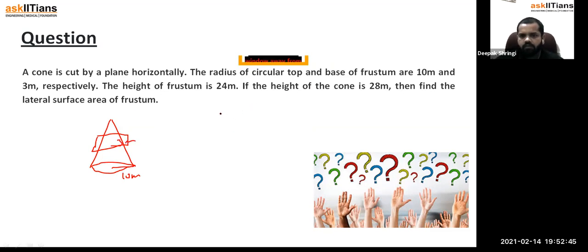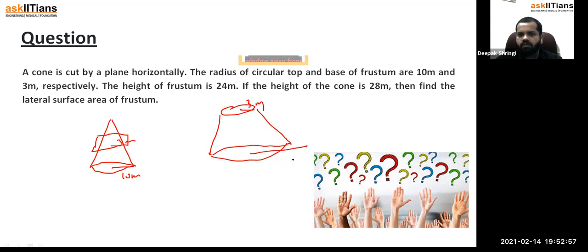Let me draw the frustum first, right? So this is basically your frustum. The upper radius is your 3 meter and your base one is obviously bigger, so 10 meter. Also height is given. What is the height here? 24 meter.